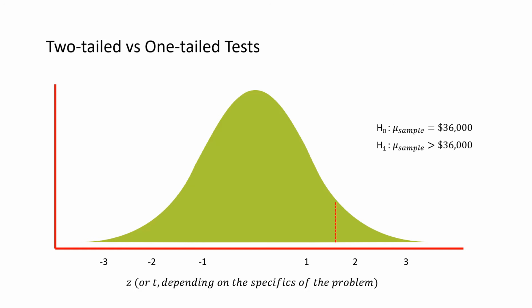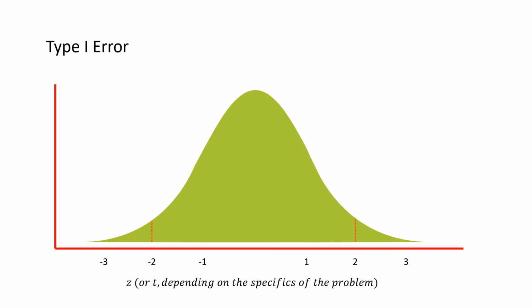All right, one last point. Suppose we set alpha equal to 0.05. We select our sample and find that its mean falls outside the range of rejection. There's still a 5% chance that our null hypothesis is in fact true.